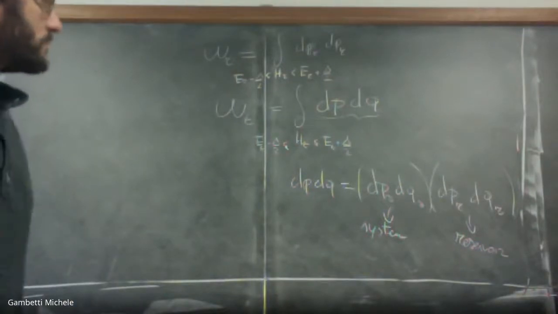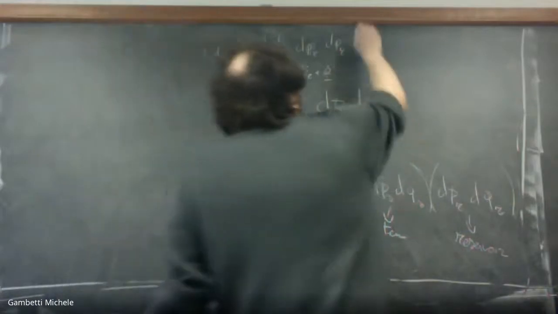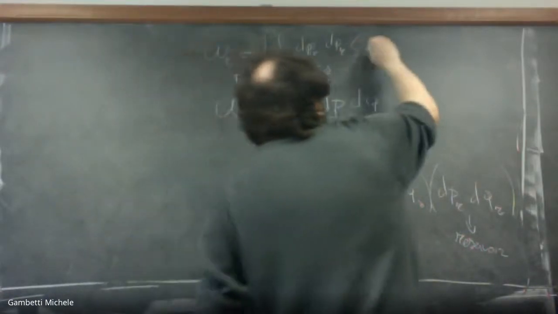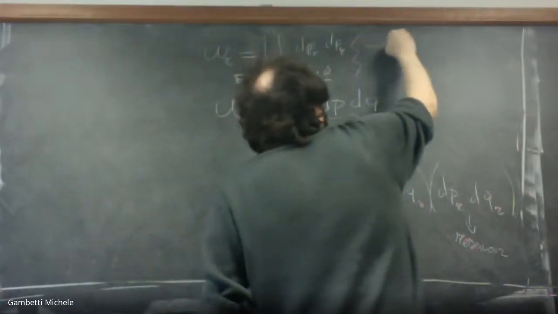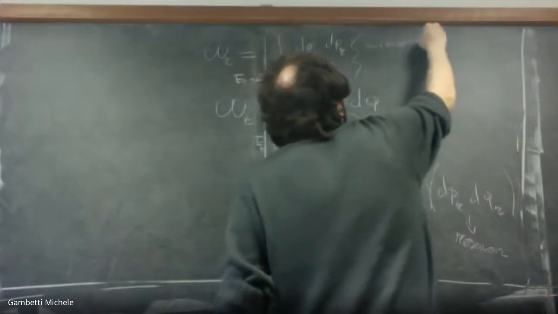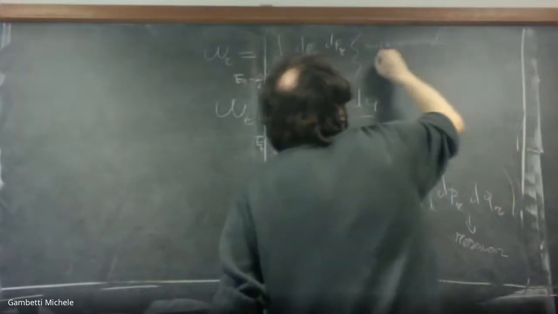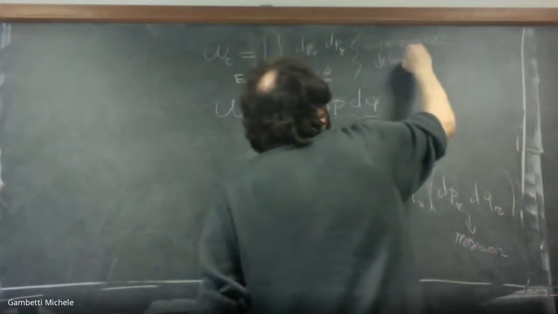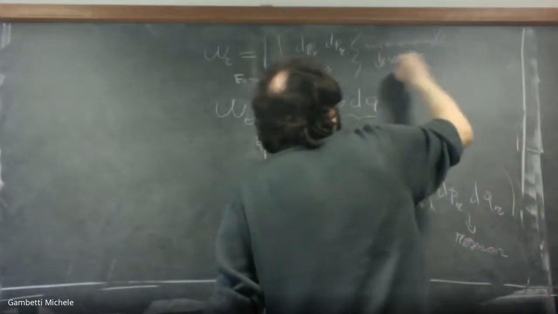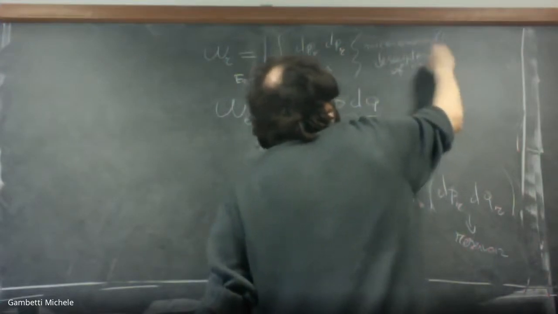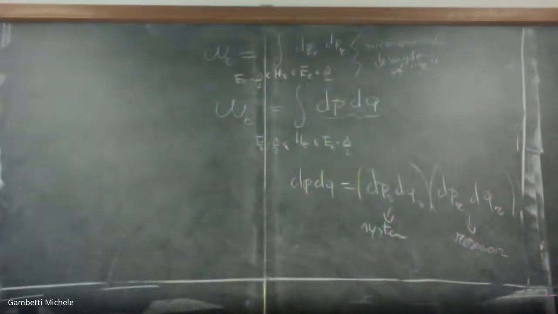So this will be a microcanonical description of the system R, which is the reservoir.